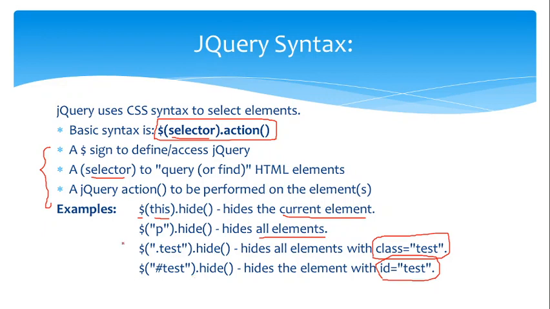So this is a simple example for the given syntax. What is the syntax? Dollar, selector, dot action hide. In place of hide you can write show. So the item that was hidden will be displayed, it will be shown. Okay.